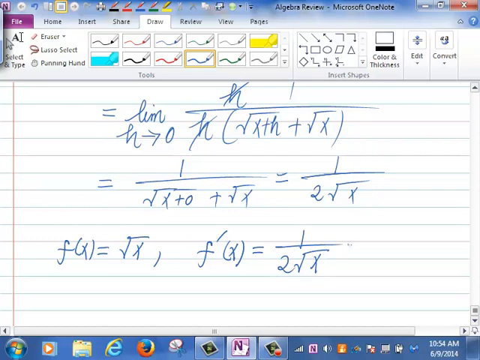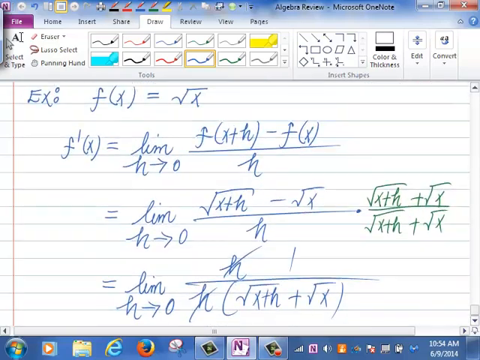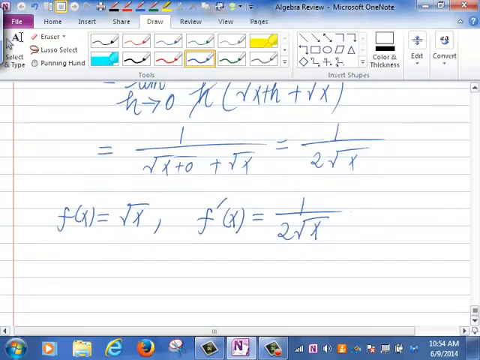Okay. Again, instead of using x, we could have said, hey, what's the derivative of the function f at a, right? If I want to find the derivative of the function at a, then what would be my answer? 1 over 2 root of a, right? Okay. Any questions, anyone?